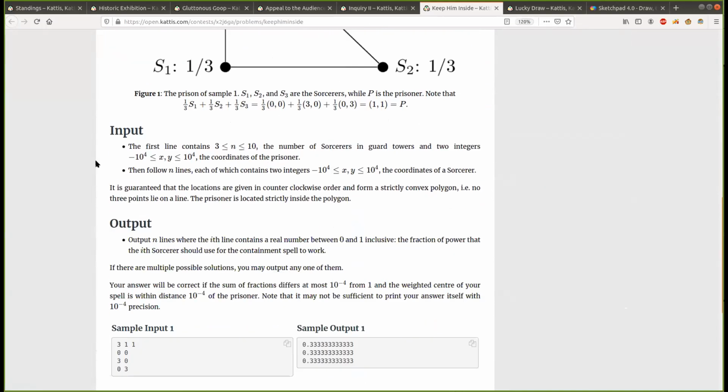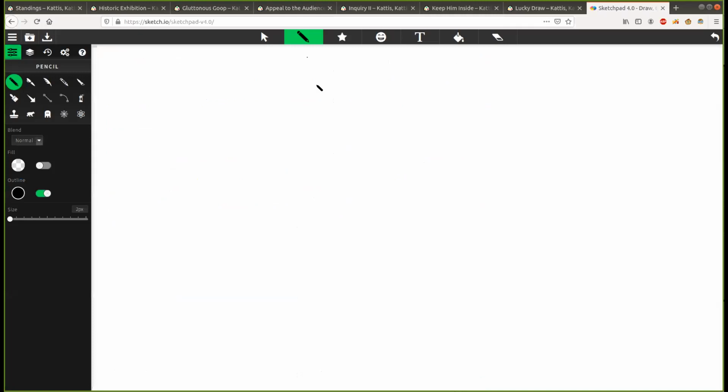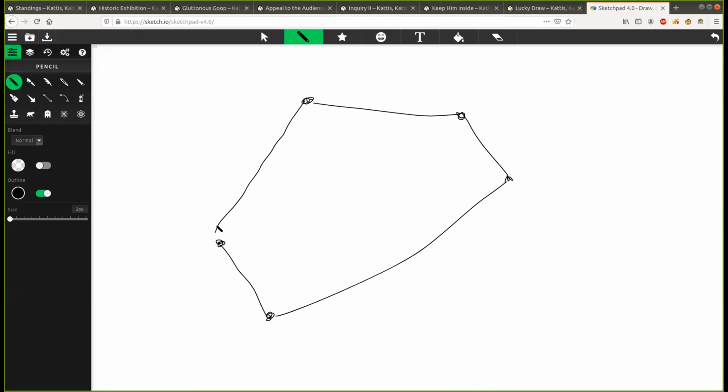So in problem K, we're given a convex polygon. And we're given some point P that's strictly inside of it. And what we need to compute is we want to write P as a weighted average of the polygon's vertices.